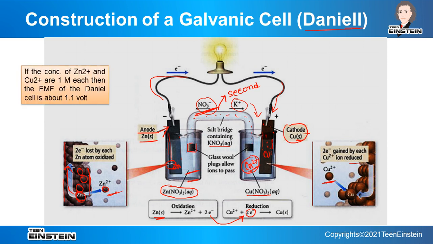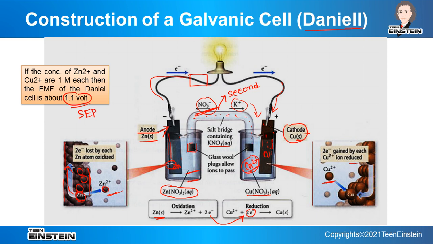So if the concentrations of Zn2 plus and Cu2 plus, that is the electrolyte concentrations, are both 1 molar each, then the EMF of the Daniell cell is observed to be 1.1 volt. This is the value that will be observed in the voltmeter if there is a voltmeter.